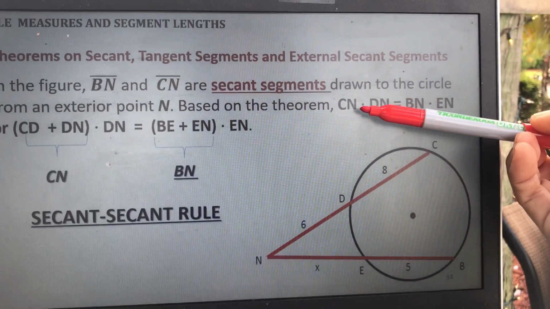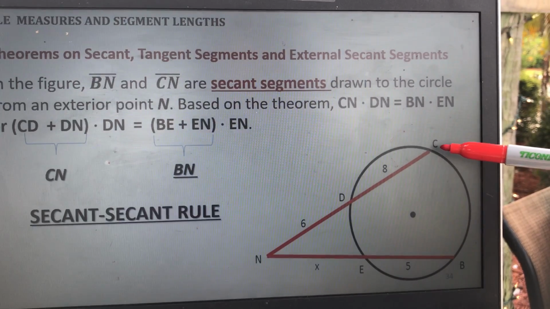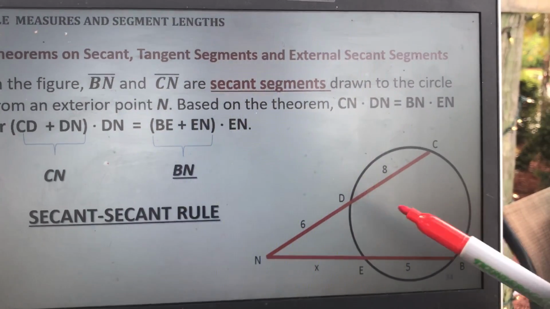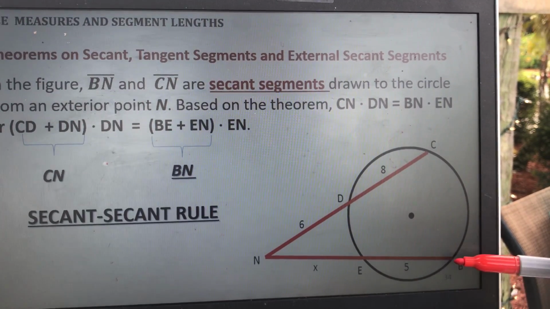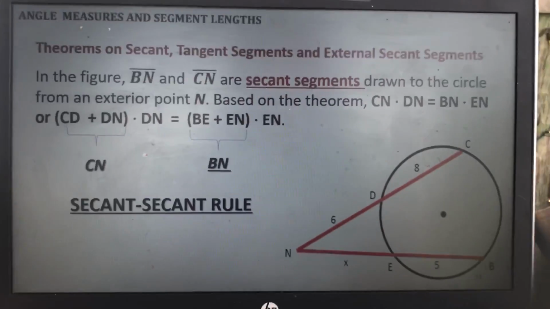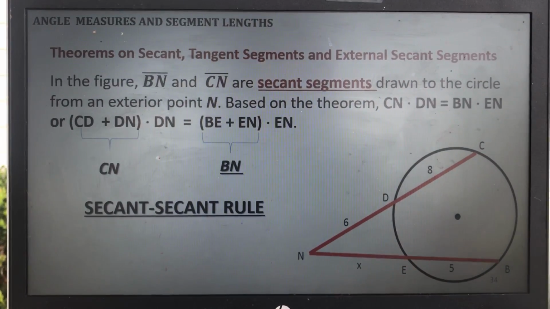But then we substitute CN for what? CN is going to be equal to the distance from C to D plus the distance from D to N. Equally, the distance from B to N is equal to the distance from B to E, which in this case is 5, plus the distance from E to N.